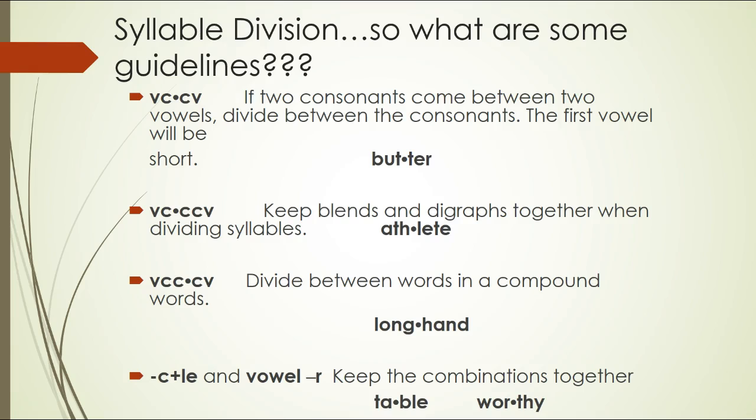And then if we look at our consonant plus LE, or we're looking at a vowel R, we want to keep these combinations together. So we look at table, that BLE stays together, and we look at worthy, the WOR, so our vowel and our R staying together. Those are just some guidelines.